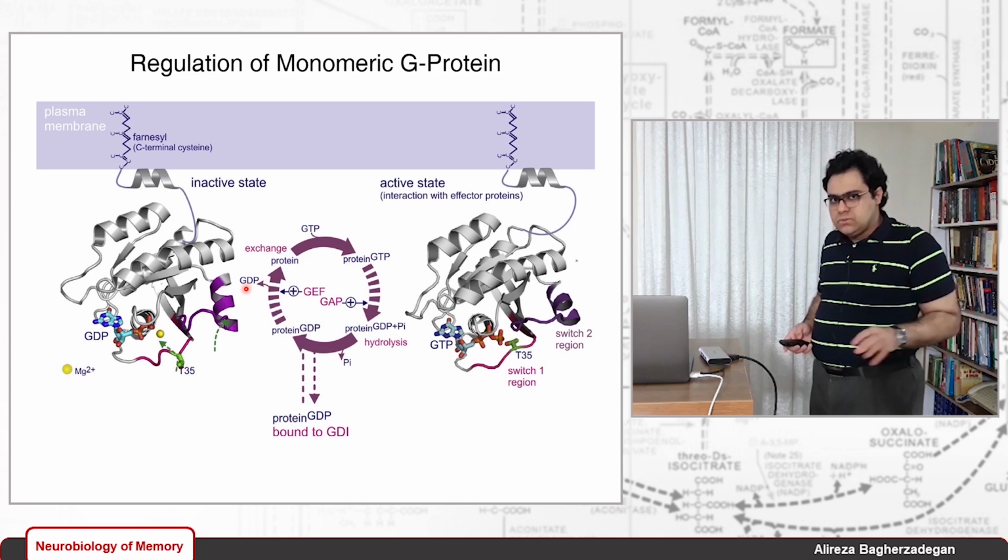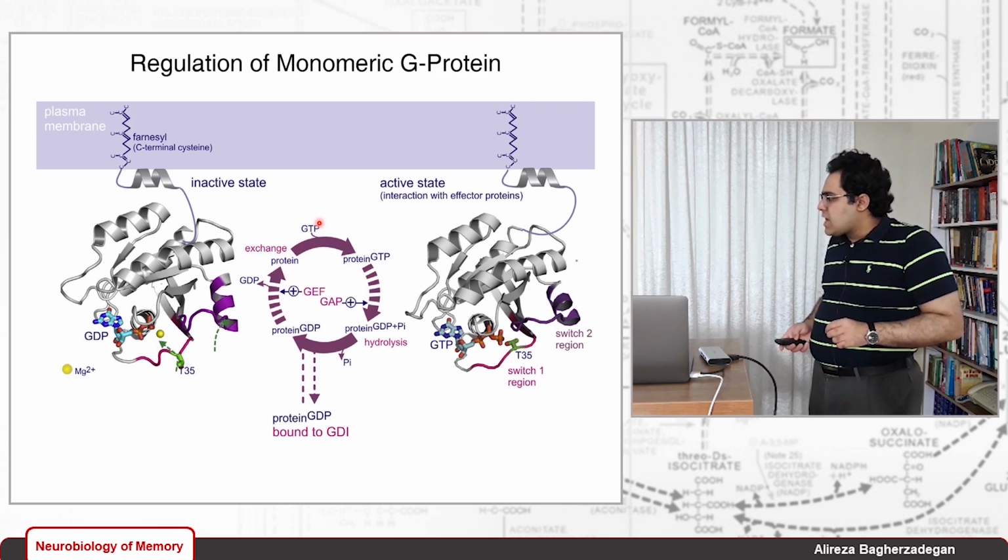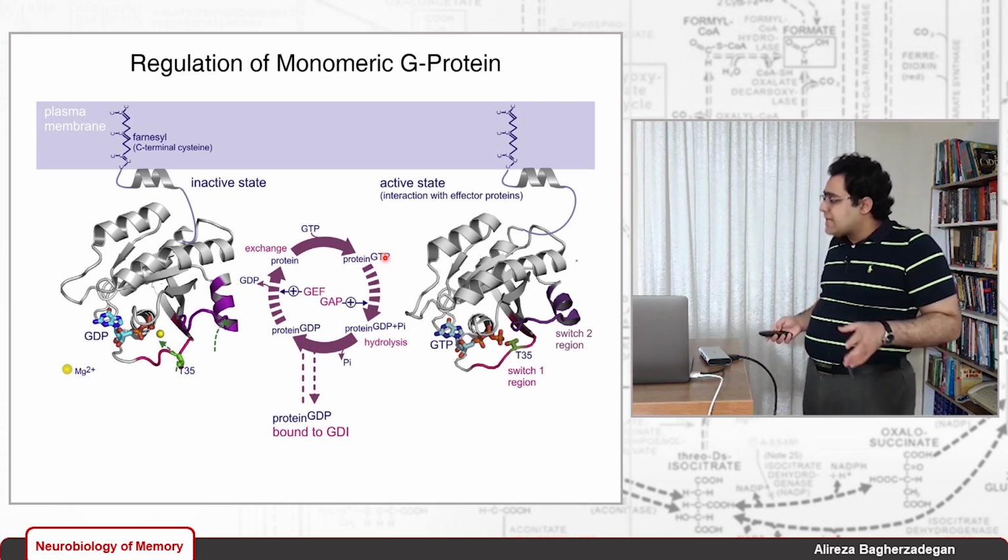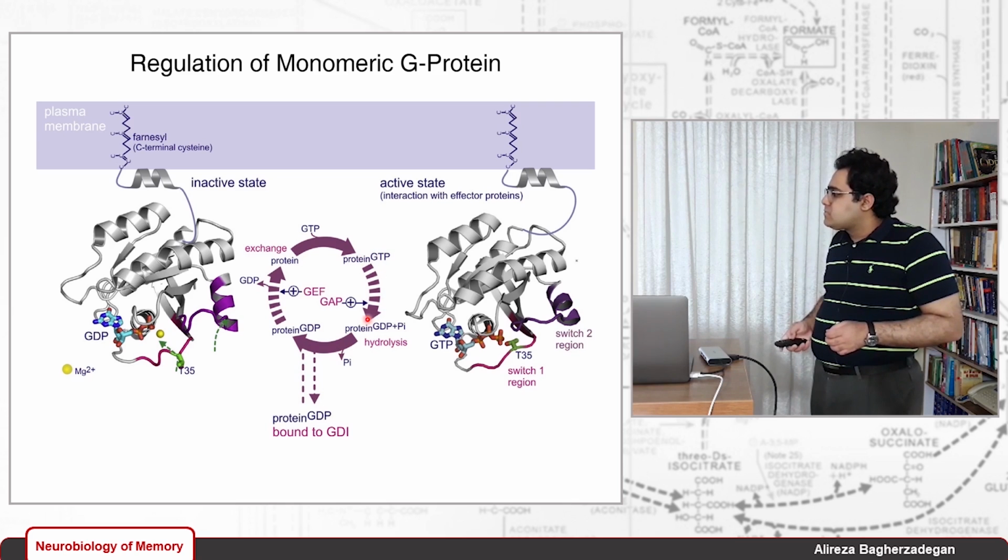GDP is repelled, and now we have GTP coming in, and here we have protein bound to GTP, which is the active state. But here we have GAP, GTPase activating protein, hydrolyzing the GTP into GDP and an inorganic phosphate. So the hydrolysis happens here. The extra phosphate gets out, and again we have protein bound to GDP, or the inactive protein.